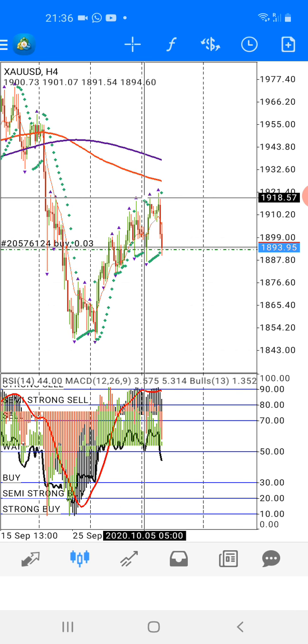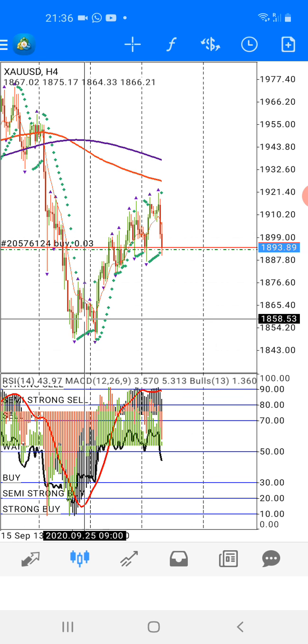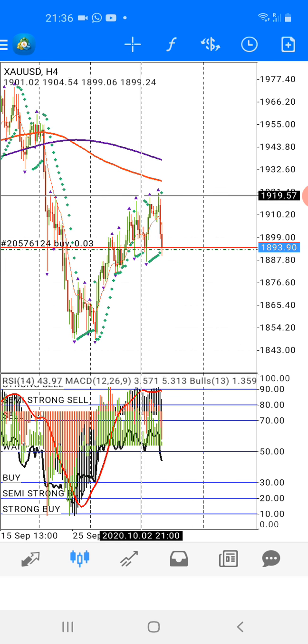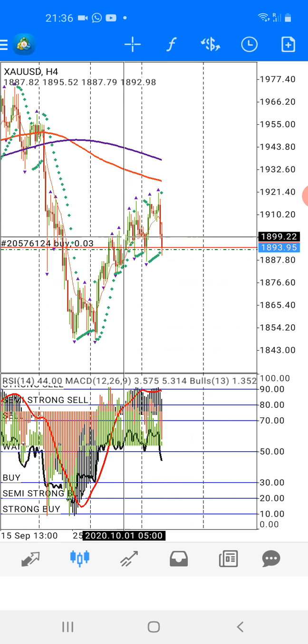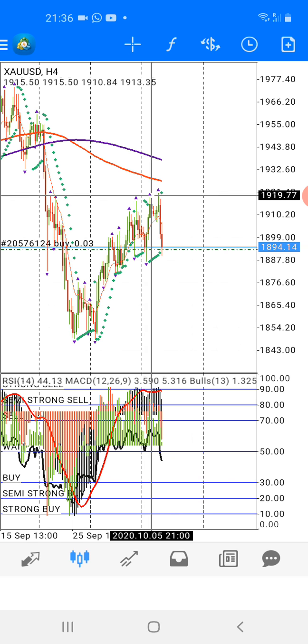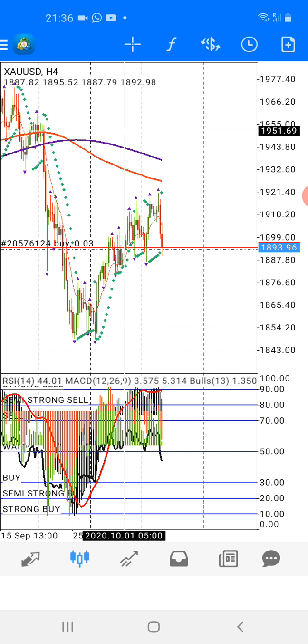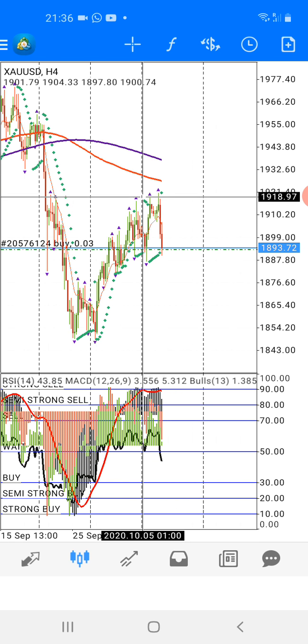Sometimes it's double tops, just like you can see down here, and that was why the market retraced very well. When it is not a double top, the market doesn't retrace up to this extent. But in any time frame, when you see a double top below, expect a major retracement.